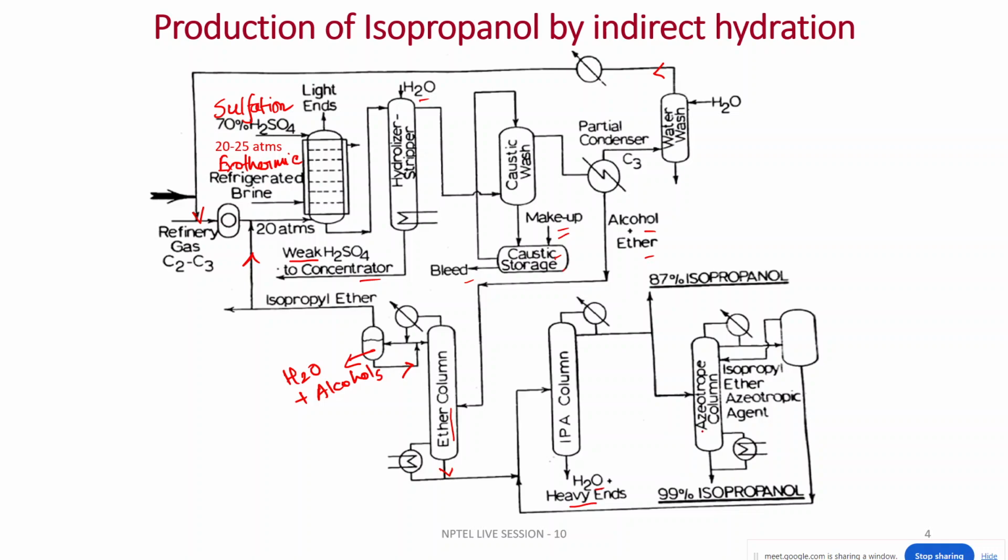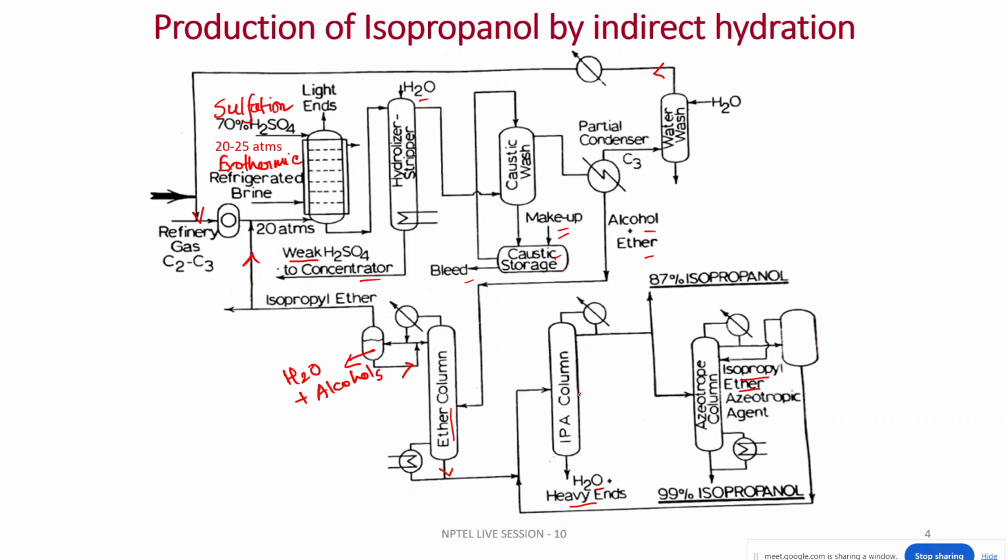In the azeotropic distillation column, we are getting the top product as isopropyl ether, and as a bottom product we are getting 99% isopropanol.